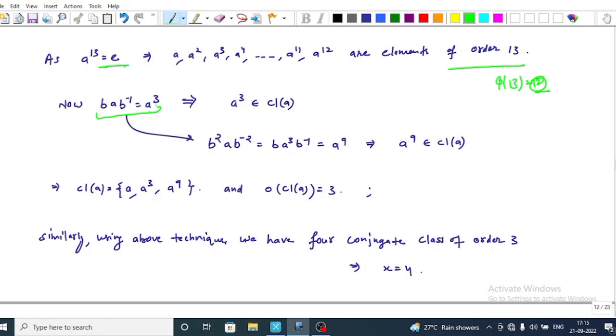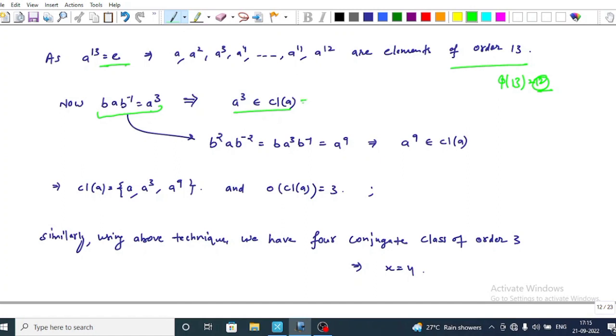This implies that A power 3 belongs to the conjugate class, because by the definition, the conjugate class of A contains the element B such that B belongs to G and B relates with A. Here B inverse relates with A, that is, A power 3 belongs to the conjugate class of A. Now again pre-multiply with B and post-multiply with B inverse.